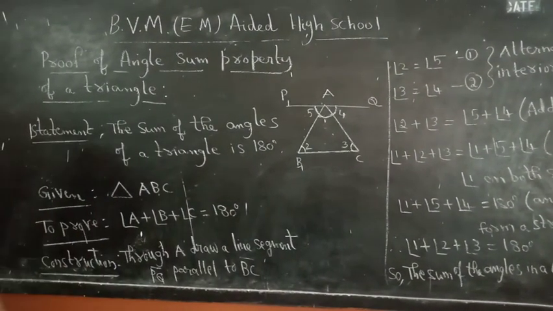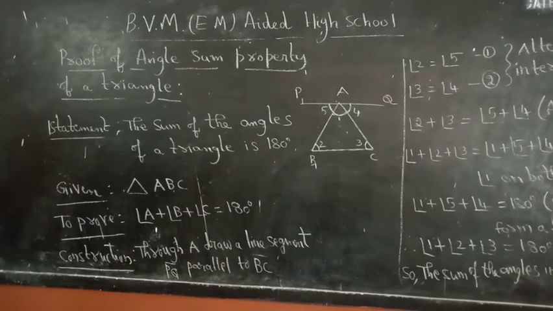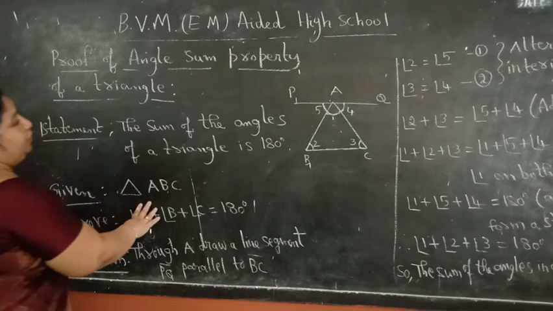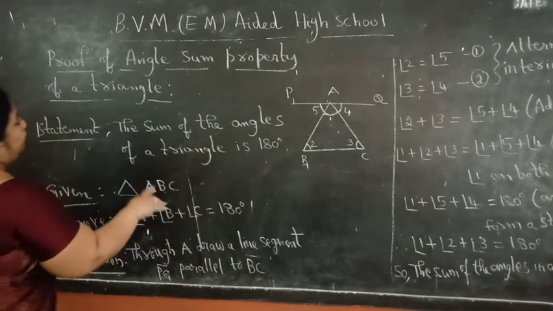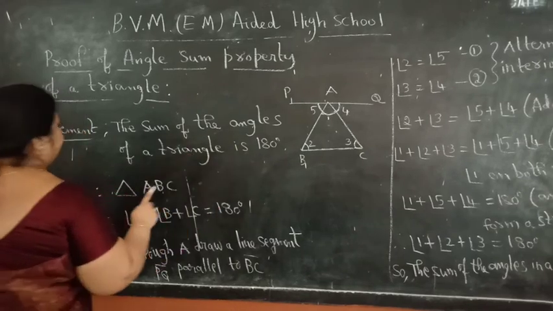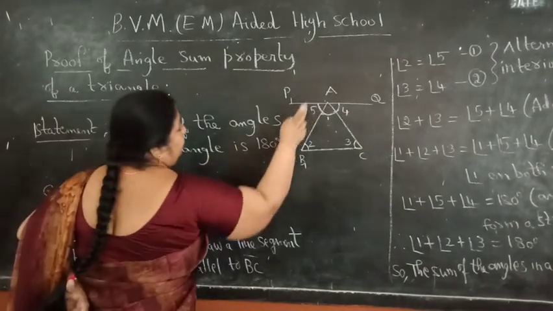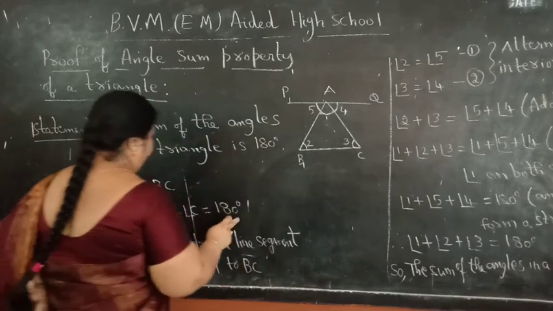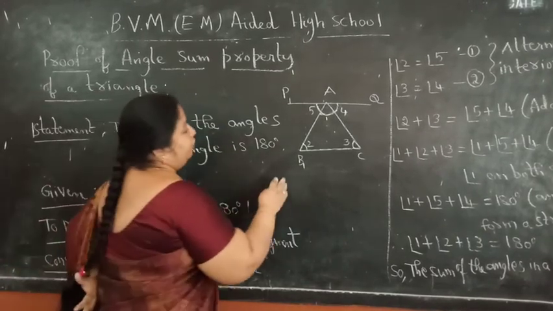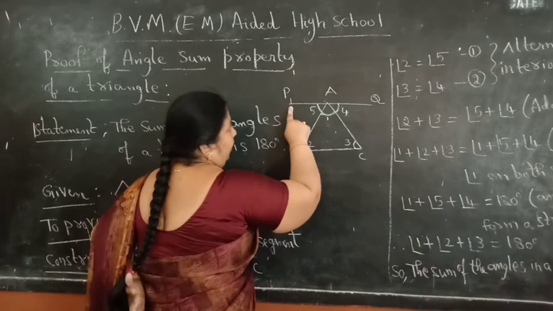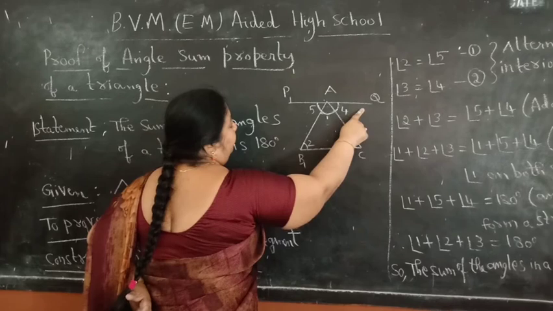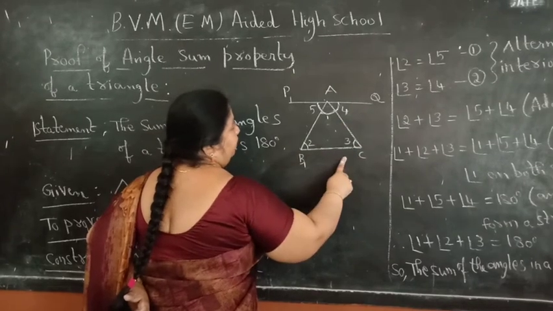Once again I repeat. Proof of the angle sum property of a triangle. Given triangle ABC, what do you prove? The sum of the angles of a triangle is 180 degrees. That means angle A plus angle B plus angle C equal to 180 degrees. To prove that, first you draw the line segment through A, PQ parallel to BC.